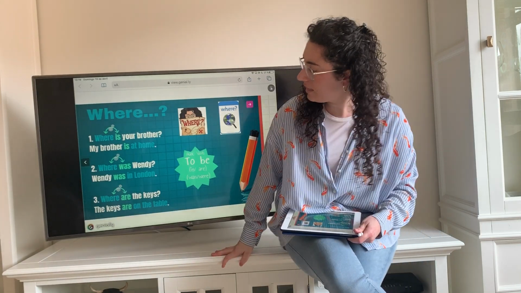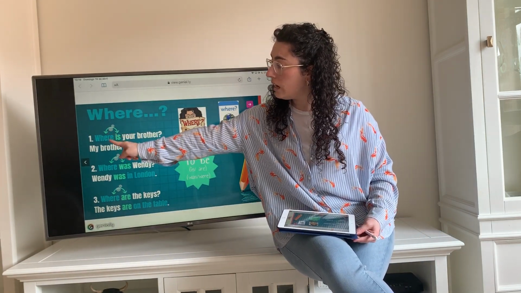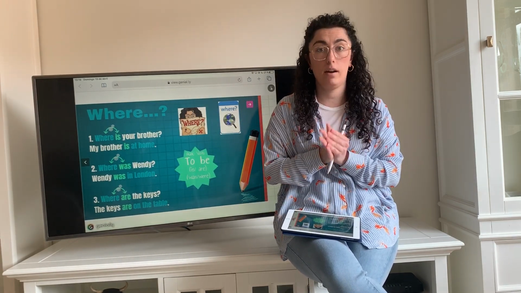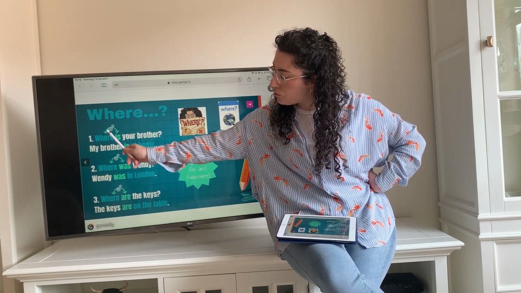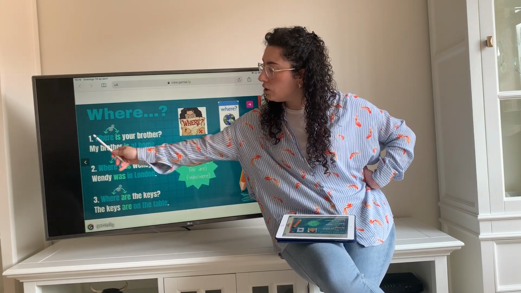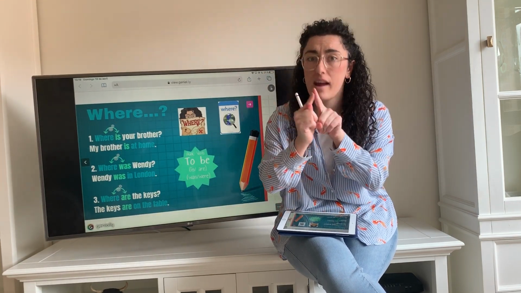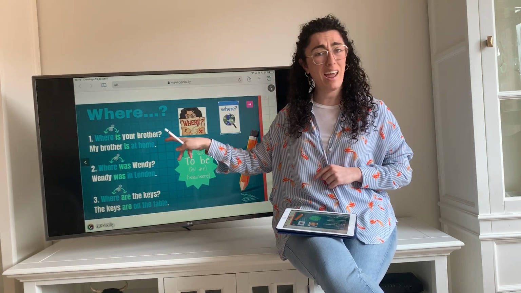Okay, good. You can see that here. So we are using where at the beginning. And then it's the turn of the auxiliary verb. Look, the auxiliary verb always goes together with the WH word, always, okay? They are best friends. And if we don't put them together, this is going to be incorrect.